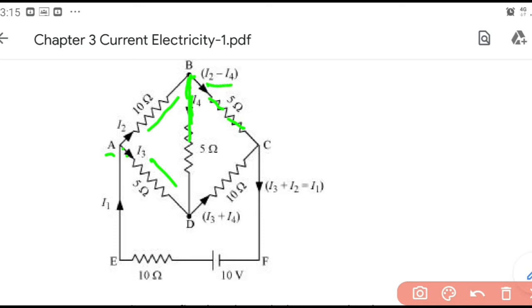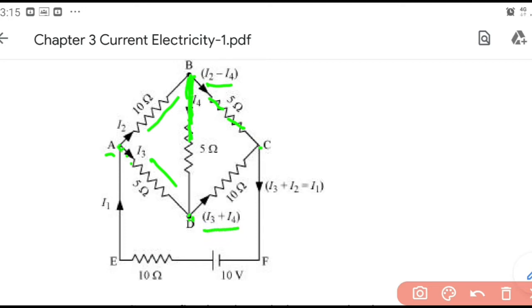Similarly, the current passing through the branch AD is I3. When it reaches D, from B to D, current I4 is coming. A to D, current I3. So current through DC will be the sum of these two currents, that is I3 plus I4.